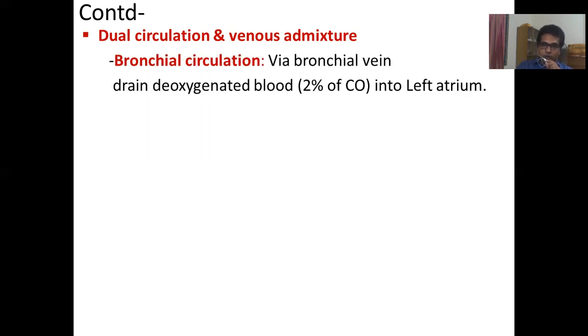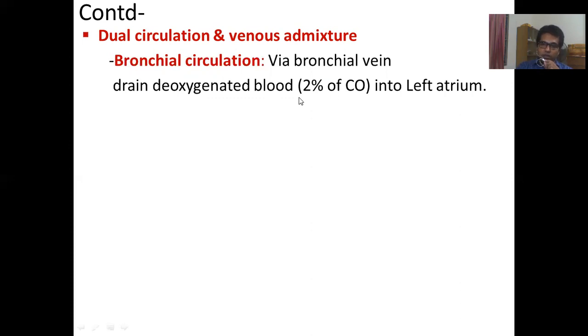So dual circulation means the lung gets nutrition from two types of circulation, the bronchial circulation and the pulmonary circulation. Via the bronchial vein, some amount of deoxygenated blood, say 2% of the cardiac output, drains into the left atrium. And you know the left atrium actually contains oxygenated blood.